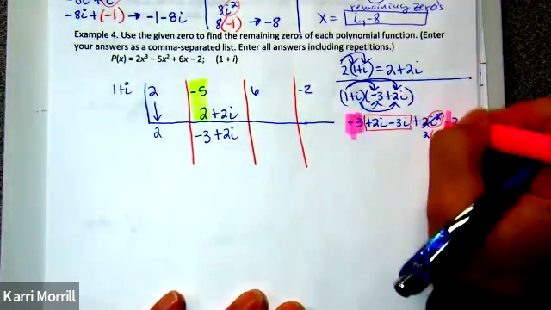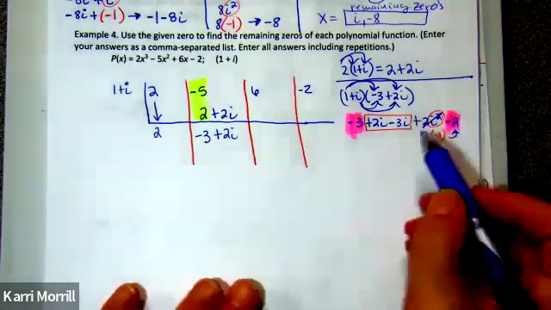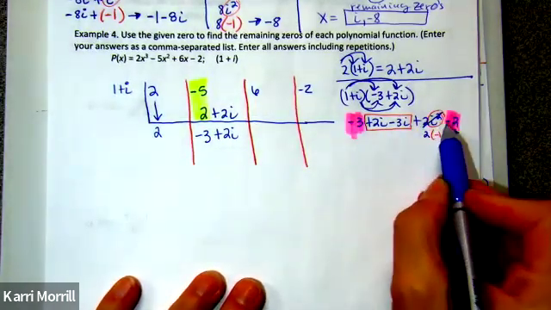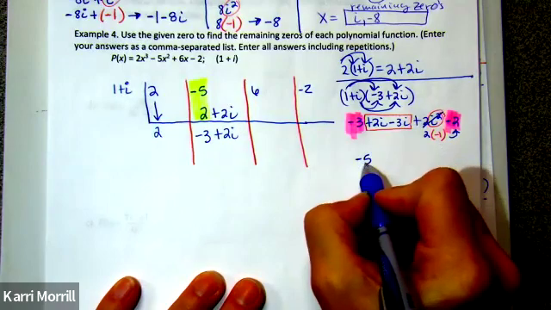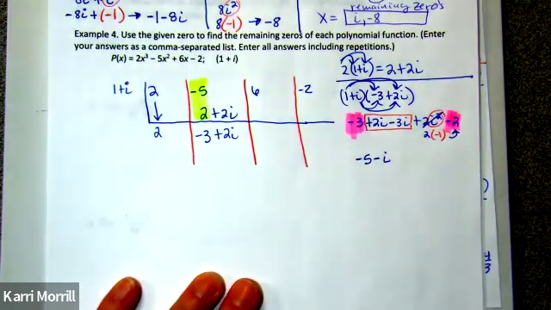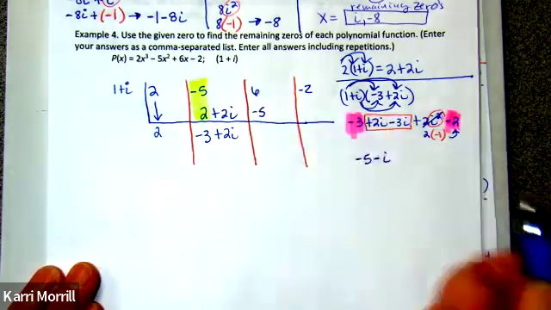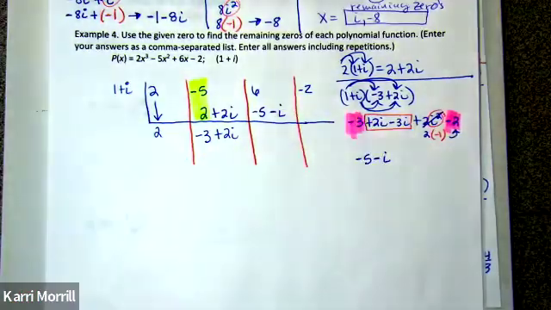You can do that as a second step and rewrite it again if you want. But if you want to do it like that, save yourself some writing, you can. So -3 minus 2 is a -5, and 2 minus 3 is a -1i. So we have -5 minus i.